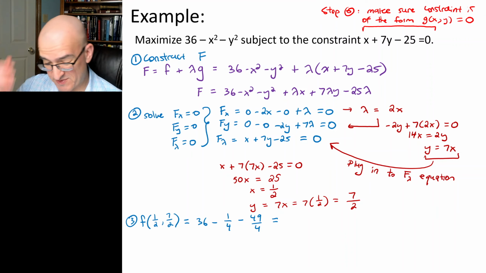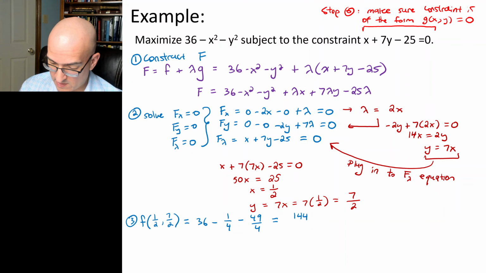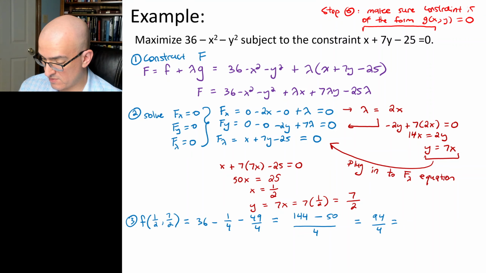So 36 times 4, 144, minus 1 minus 49, 50, minus 50/4. So we have 94/4, divided by 2, 47/2, I think.